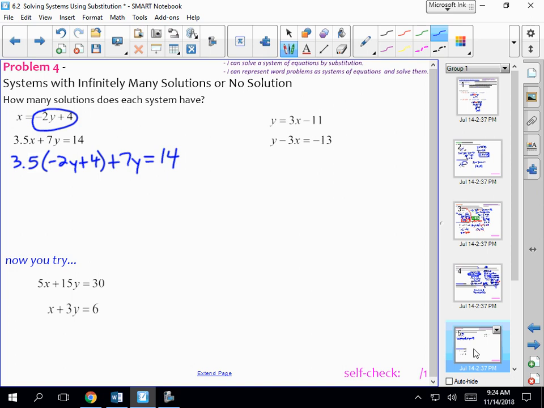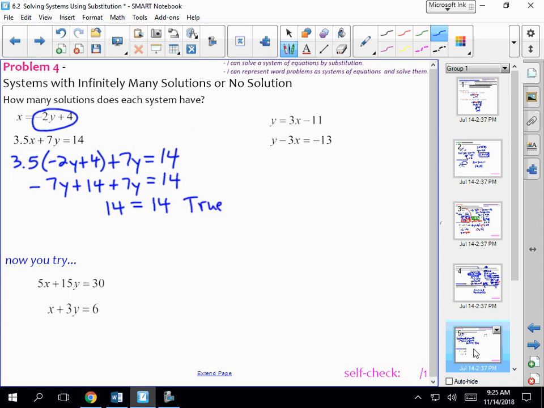If I do the algebra here, distribute, I get negative 7y plus 14 plus 7y equals 14. Something interesting happens here. My variable completely disappears. It's negative 7y plus 7y is equal to 0. I get this statement, 14 equals 14, which is true.